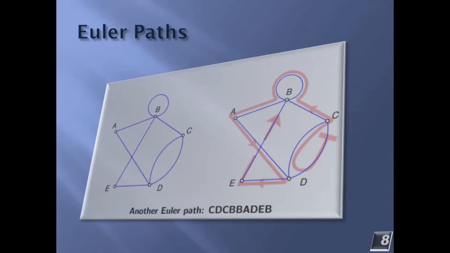We start from C, then C to D, again come back to C, then C to B, and B has a self loop. So we traverse B to B, then B to A, then A to D, and D to E, then E to B. So the final tour is C, D, C, B, B, A, D, E, B.